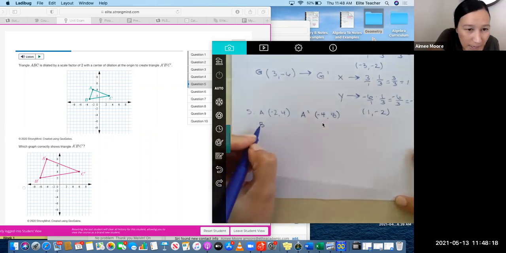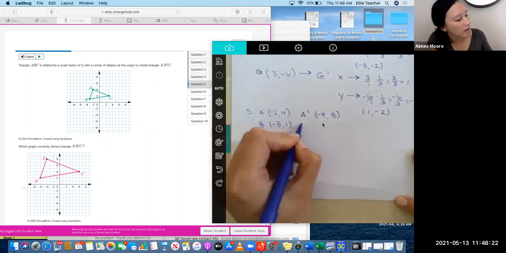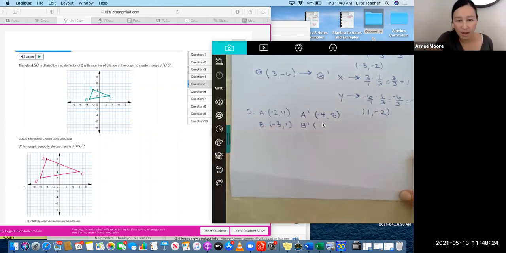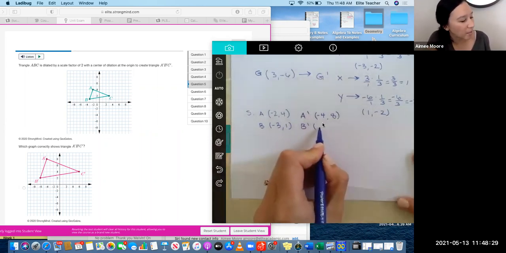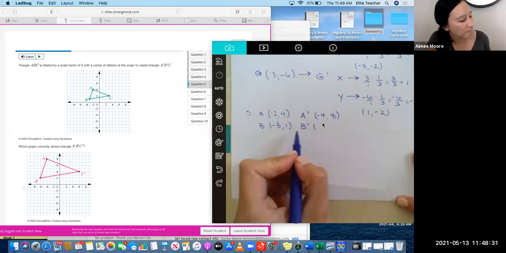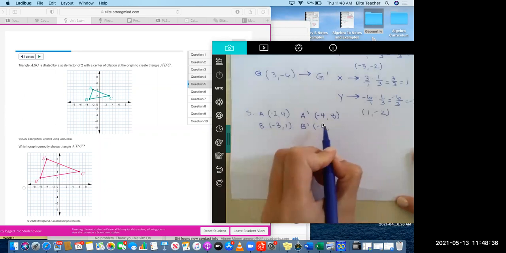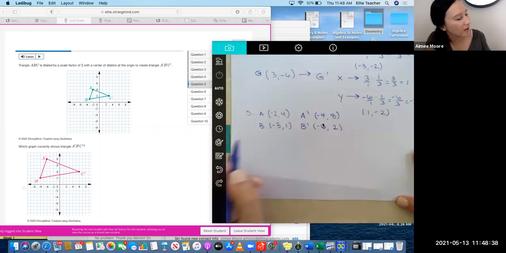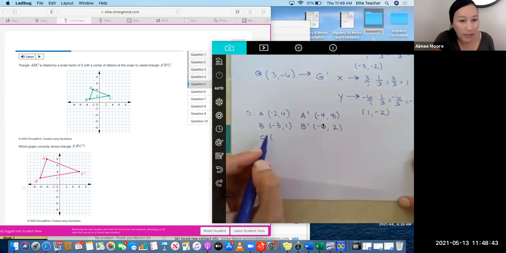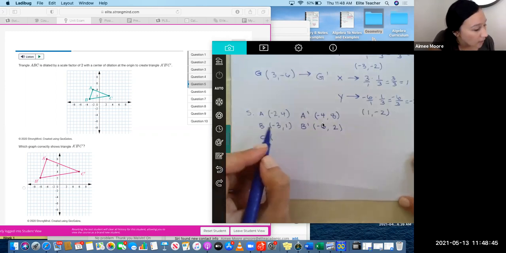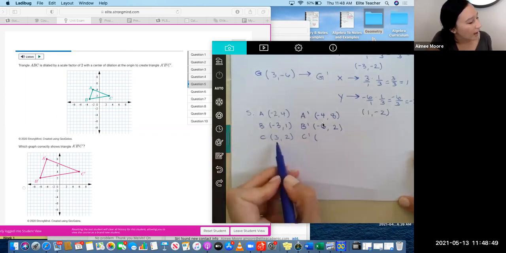And then point B is at negative 3, 1. So B prime. Brendan, if we multiply by 2, what's our new point going to be? Negative 6. Yep. And for Y? Negative, or 2, sorry. Very good. And for C, Rosalie, we have 3, 2. So then C prime, I need to multiply by 2.